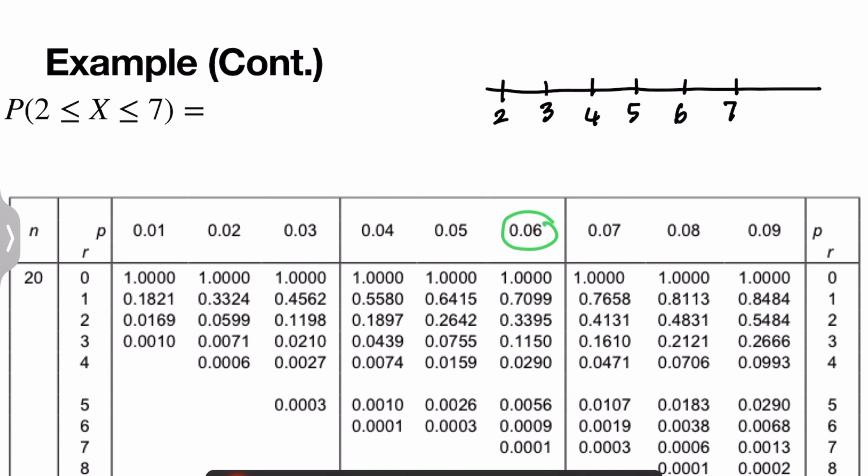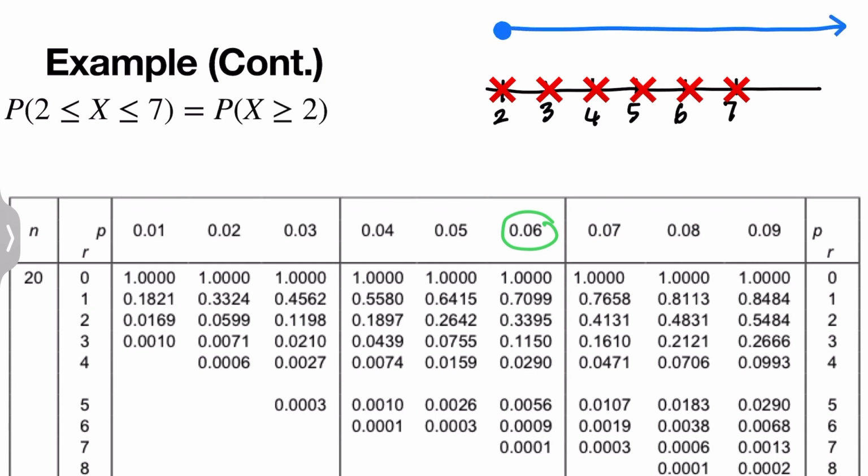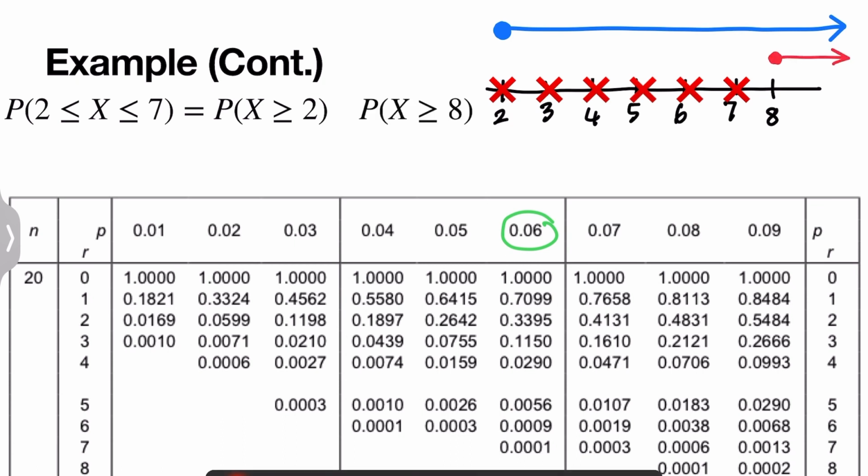Probability x is greater than or equals to 2, and x is less than or equals to 7. What do we want actually? Apa kita nak? 2, 3, 4, 5, 6, 7. All are included. So we're going to take probability of x greater than or equals to 2 akan tolak dengan selepas nombor 7, nombor berapa? Nombor 8. So bila kita tolakkan, kita akan dapat bahagian kita nak.